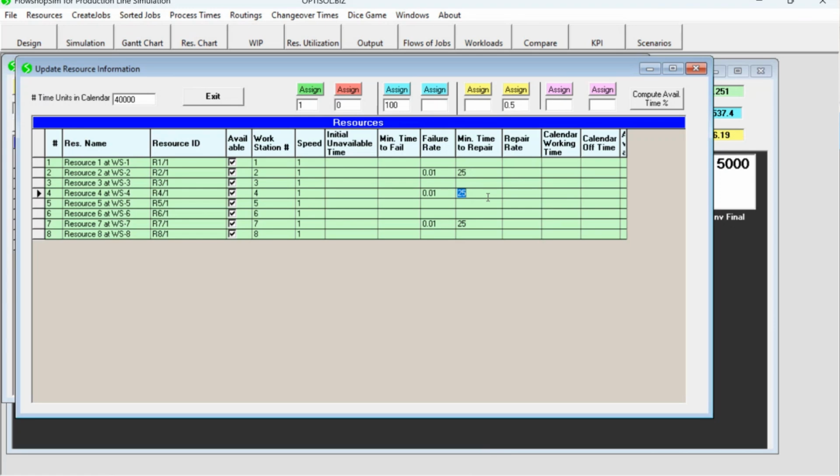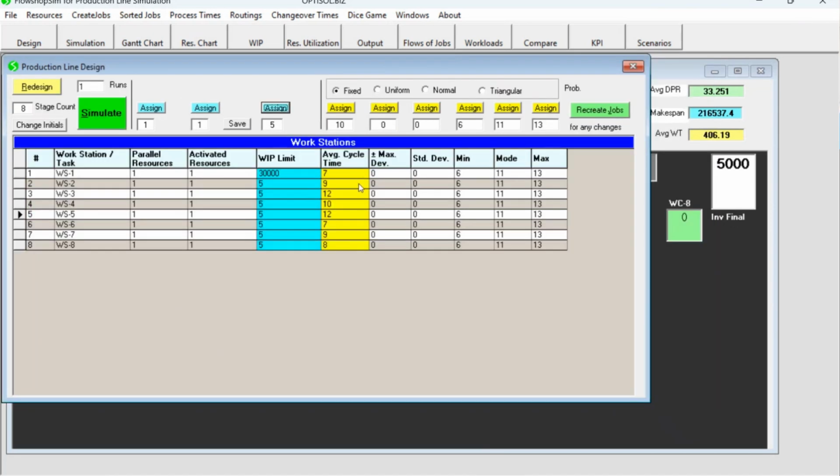I'm assuming that only these three machines are subject to failures and repairs, not all. And I'm considering an unbalanced production line with no random variation. Okay, I'm going to simulate now. Let me create the jobs and go ahead and simulate.